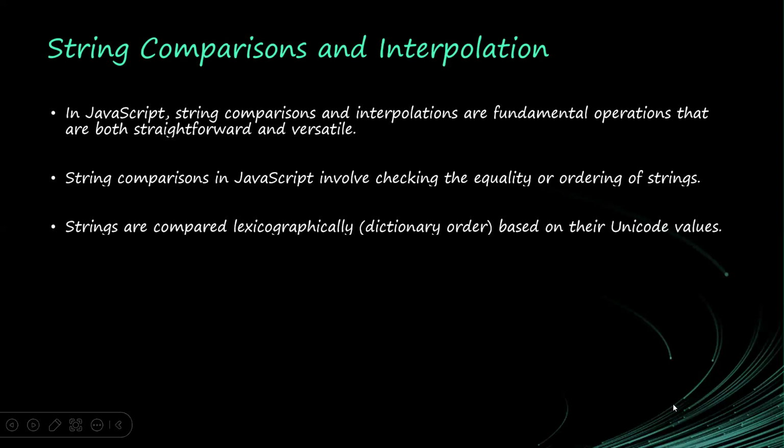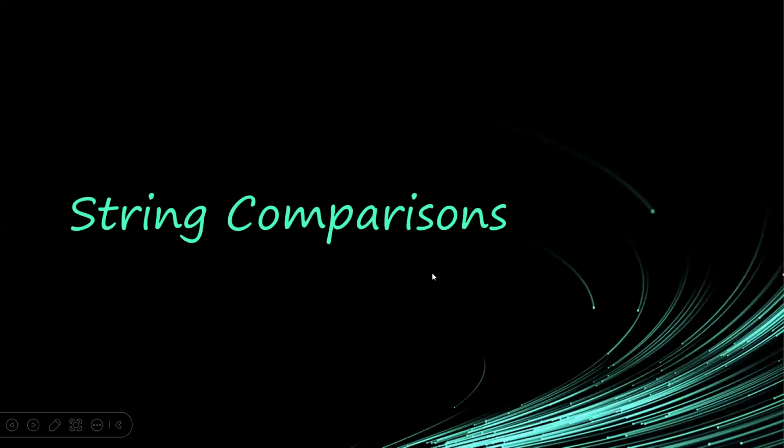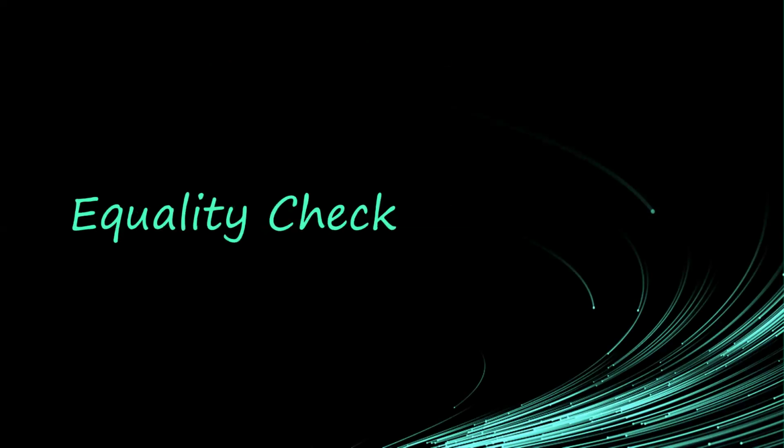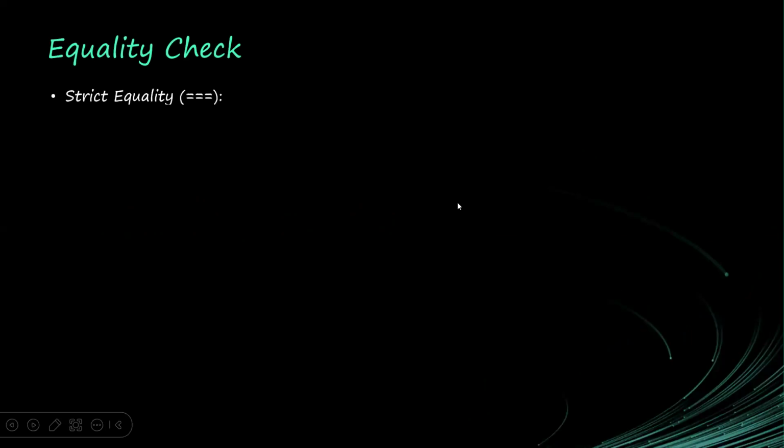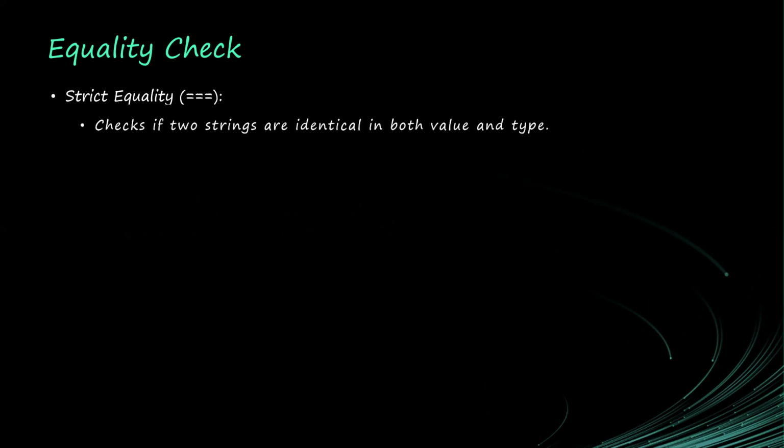We are going to take a closer look at it. So how do we compare strings? One of the comparisons we do is the equality check. When you have one string and another, we want to check if they are equal. We have seen most of the things we are going to discuss in this session before, but we just want to drive them home when it comes to strings.